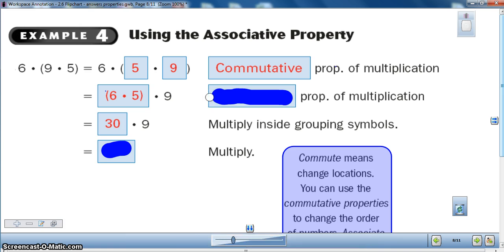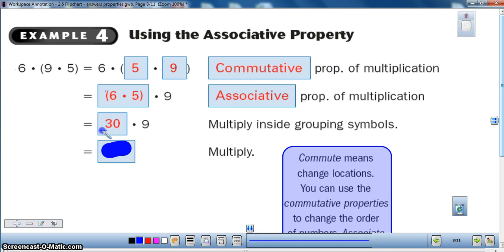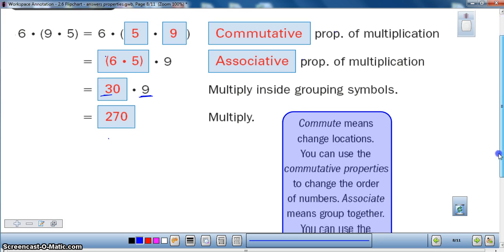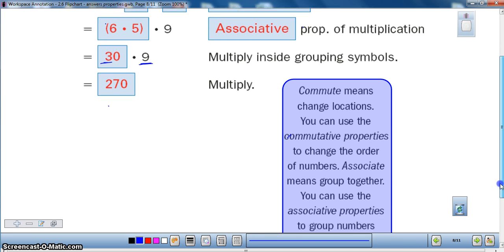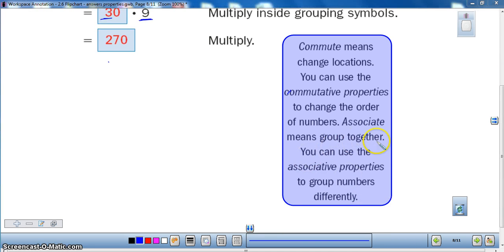And 30 is an easier number to multiply, and if you think of 3 times 9, that is 27, so 30 times 9 gives us 270. Thinking of our phrases, commute means to change location. Commutative property, you're changing the order. Associative means groups. It's who you associate with. So you can use the associative property to put it in a different group.